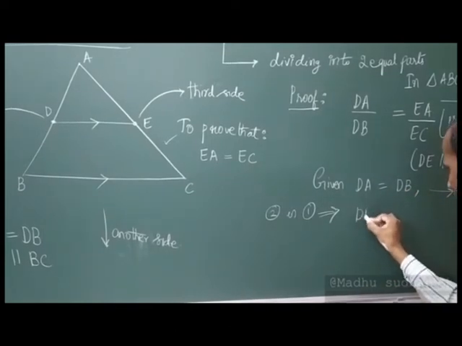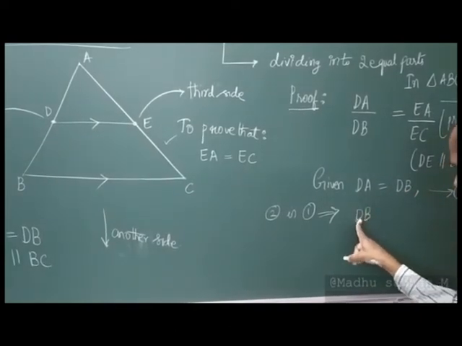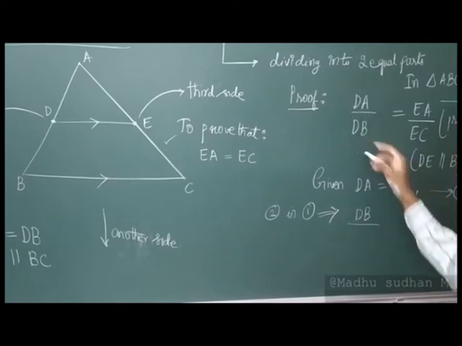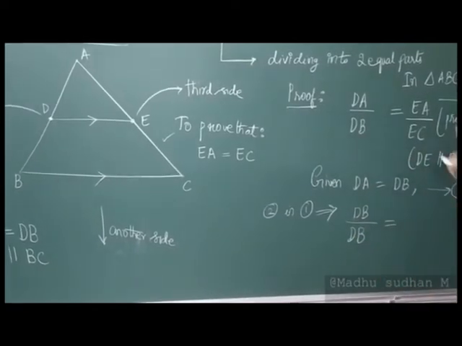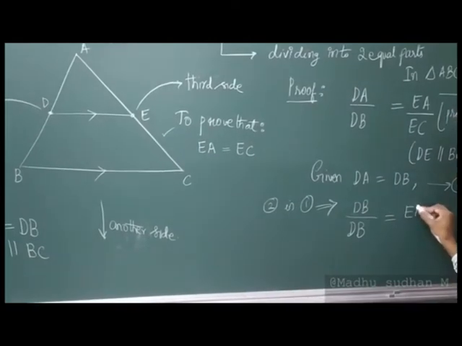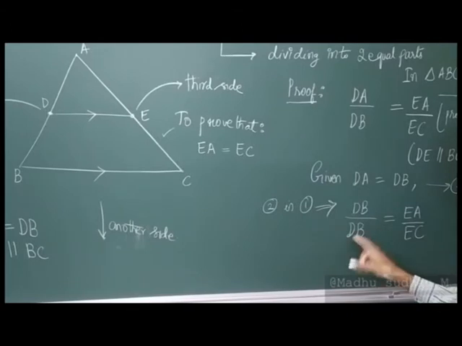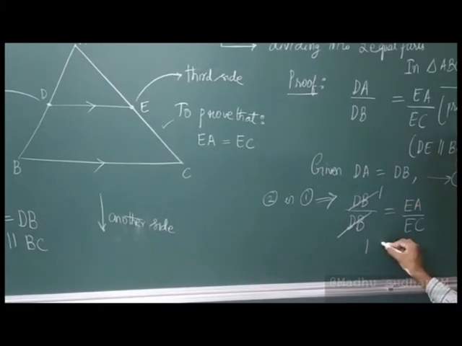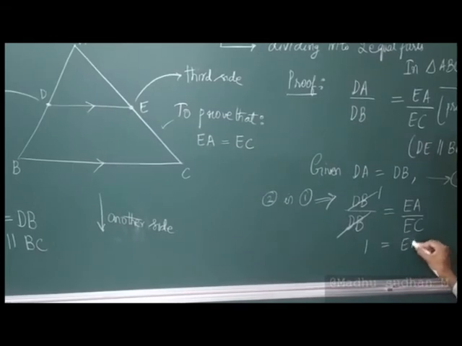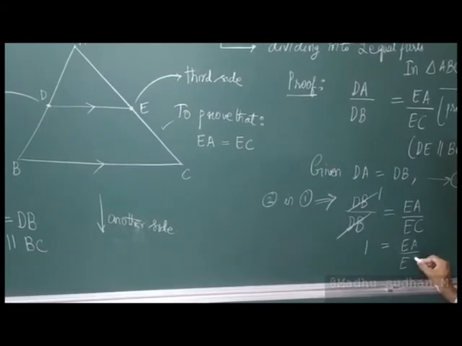So DB by DB is equal to EA by EC. DB and DB, if I cancel this, don't I get 1 here? So 1 is equal to EA by EC.